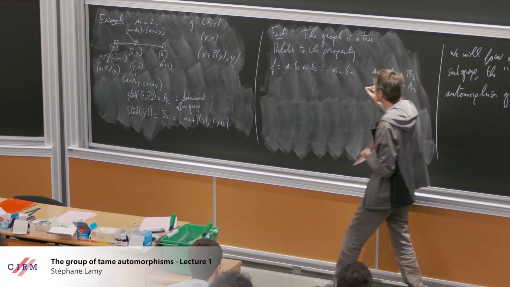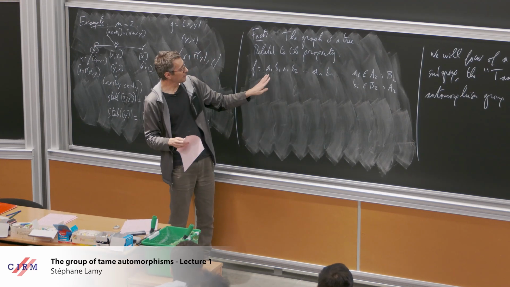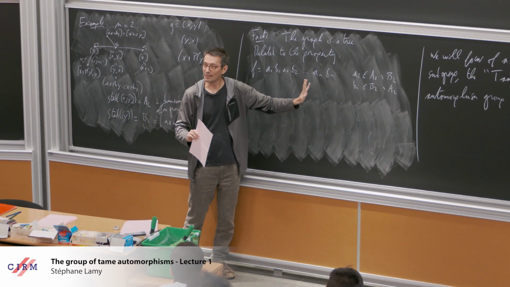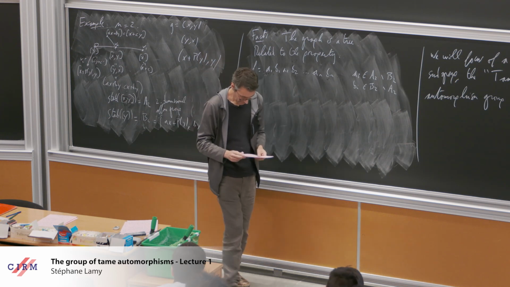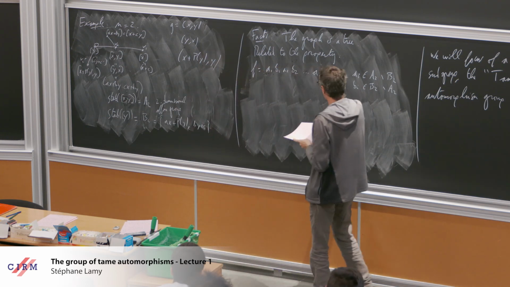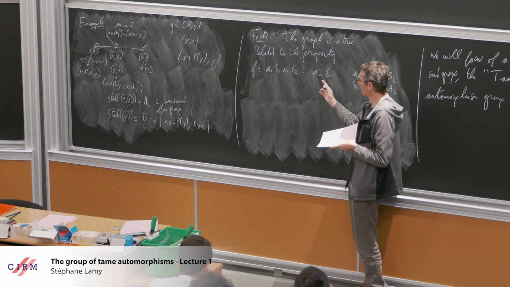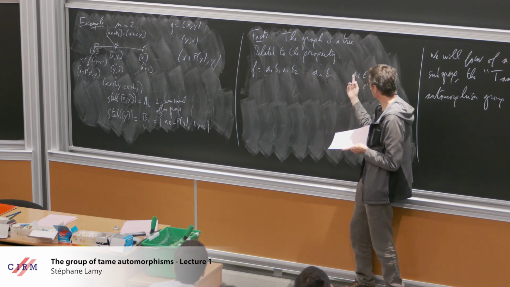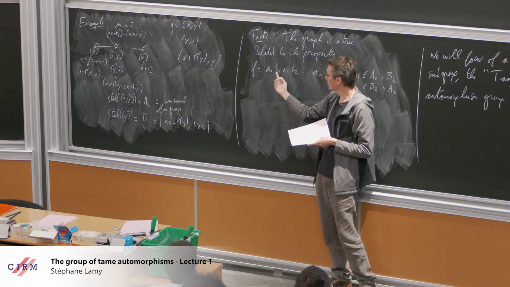And maybe I should put, yeah, so except the first one and the last one, if you want, because I'm not sure about that. Yeah, okay. But what I want to state is a property about such automorphisms. So if you have any product like that, the degree of f is just the product of the degrees of the Bi.